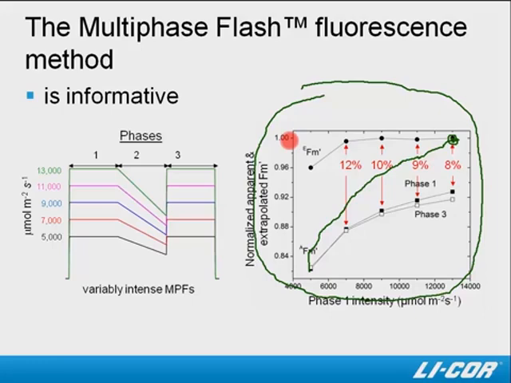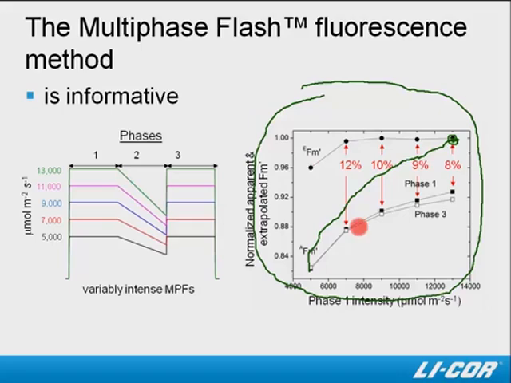But in new measurements mode, if you go to menu level 2 and you go to menu level 8, F2, you'll be able to modify your fluorescence parameters, and all instruments that come out of LI-COR automatically default to using a rectangular flash. However, if you put your cursor next to where it says rectangular flash and you hit edit, it will automatically cause the instrument to go from rectangular flash to multi-phase flash.